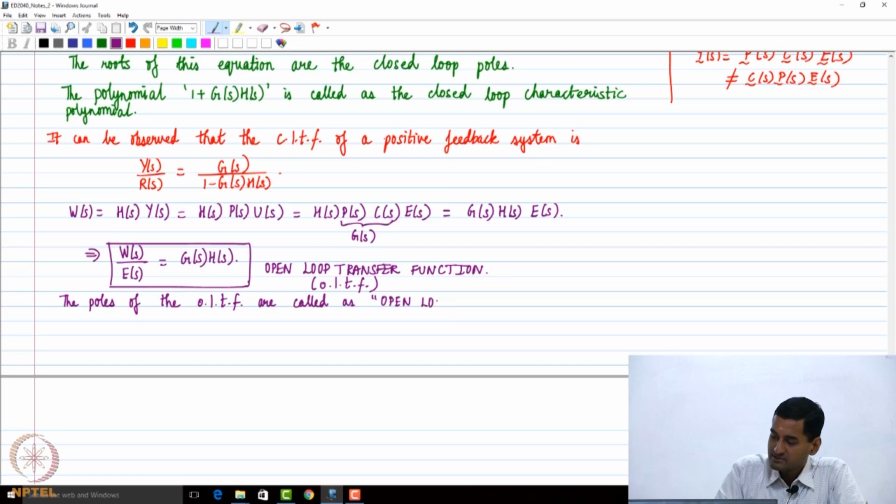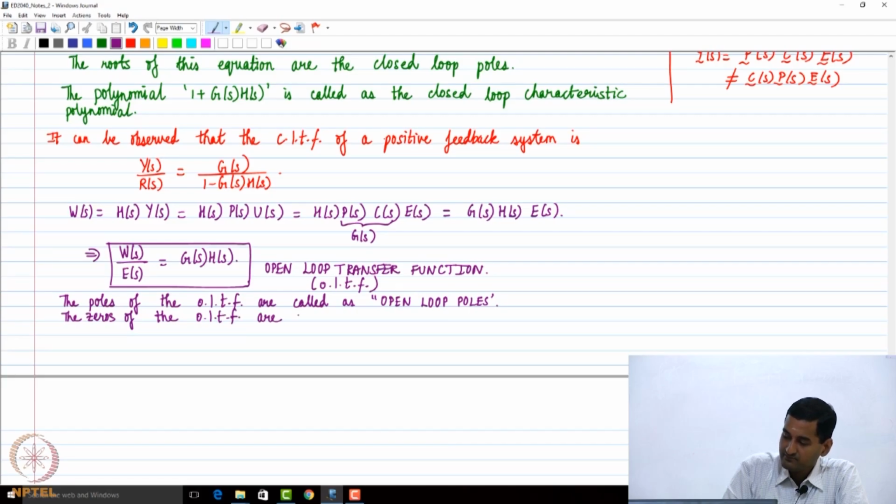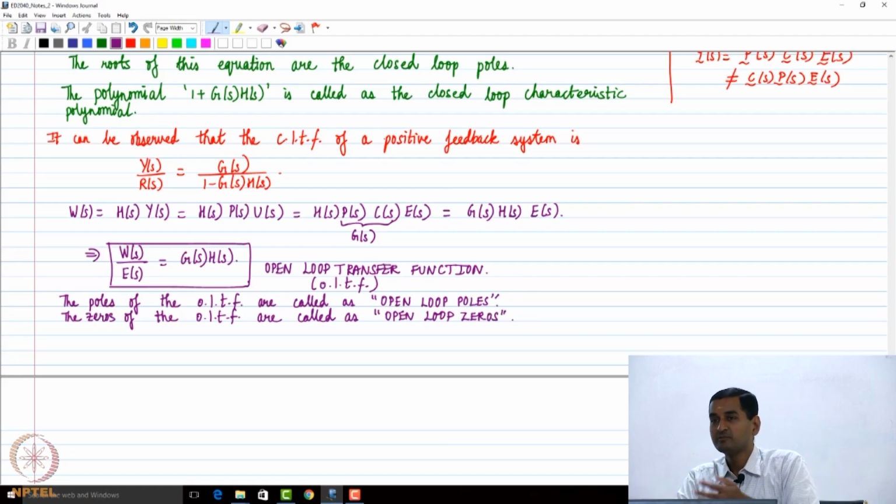And the zeros of the open loop transfer function are called open loop zeros. So that's once again some terminology we should remember.